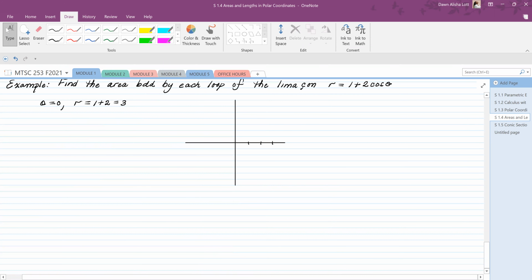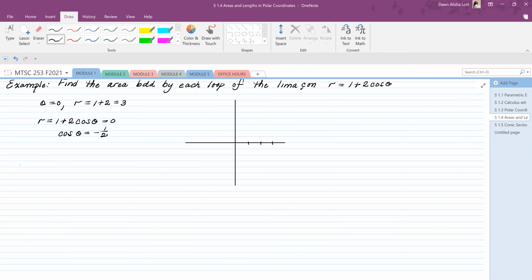So if I set r equal to 1 plus 2 cosine theta equal to 0, I find out that the cosine of theta is equal to -1/2. And there are 2 places where it goes back to 0.